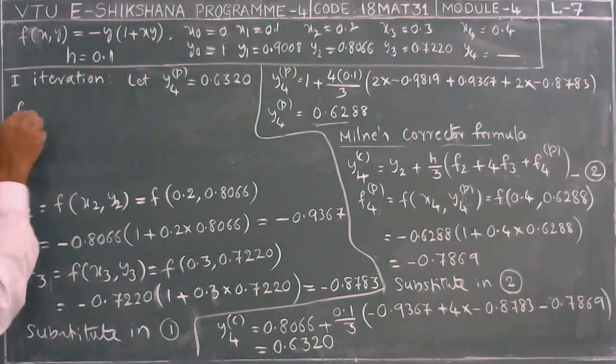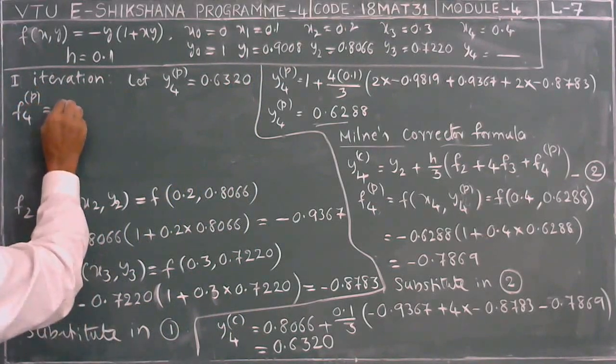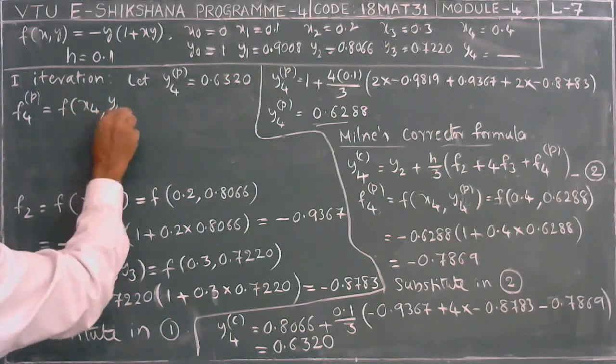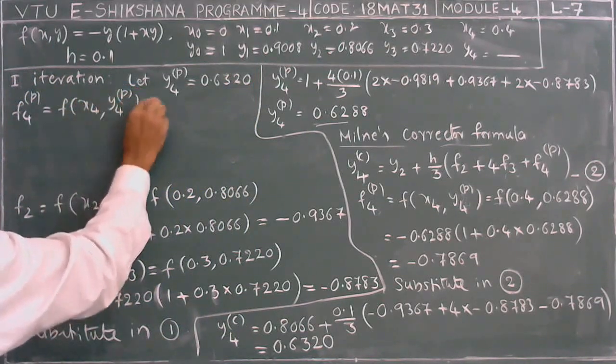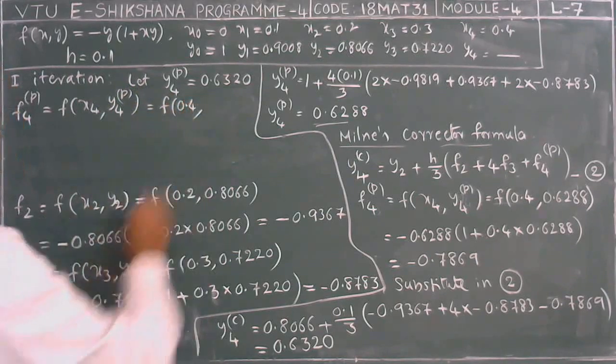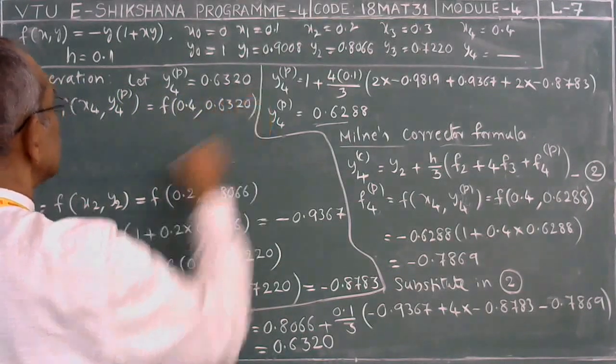Now calculate f4p, which is f of x4 comma y4p, so f of 0.4 comma 0.6320.